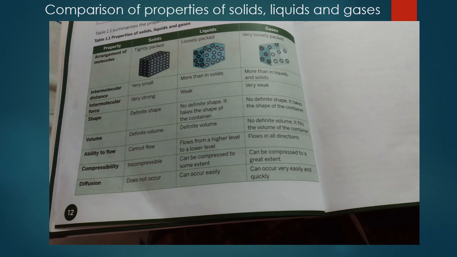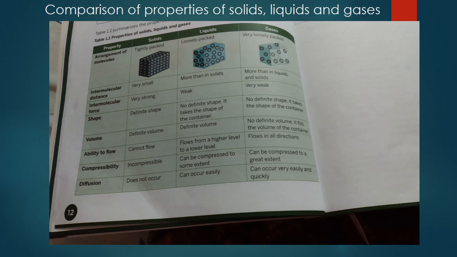Then the third point is the intermolecular force. The intermolecular force between the molecules of solids is very strong. Then in comparison to liquids, the intermolecular force in the gases is very weak. That is why the molecules of gas can move freely.